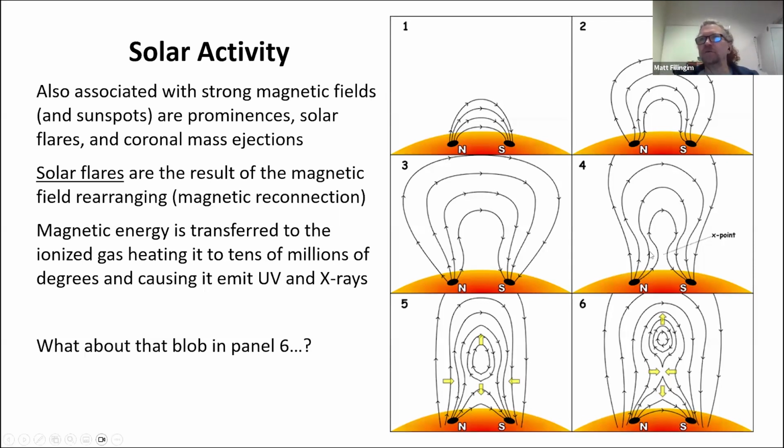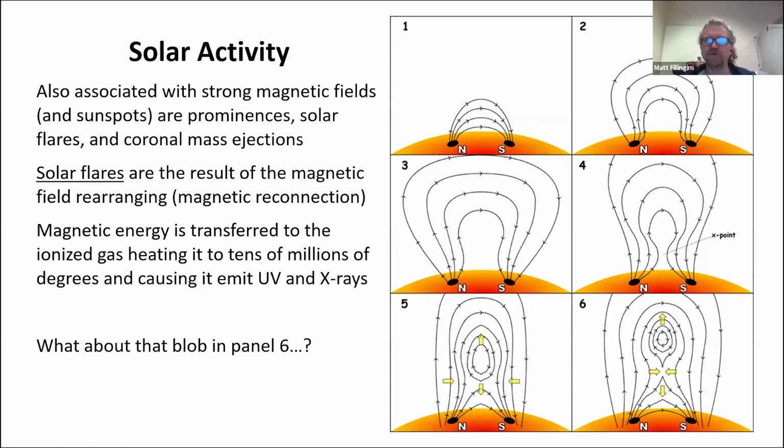And so here's that little, what we call X point, where basically the magnetic energy is transferred to the ionized gas and heats and energizes all that ionized gas. And you can see that it sort of pinches off right there, and then some of that material goes back down to the photosphere and makes those really bright loops that we see. But you can see that some of this material goes away from the sun.